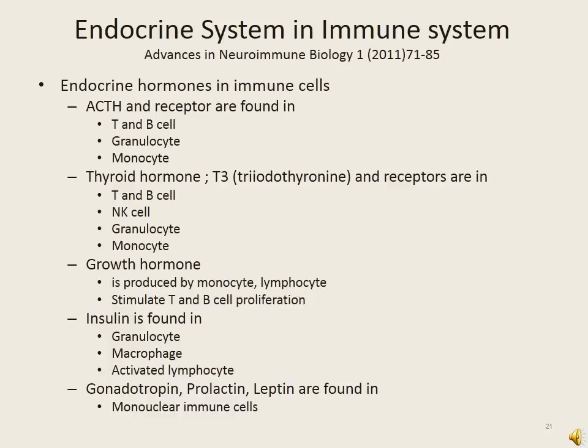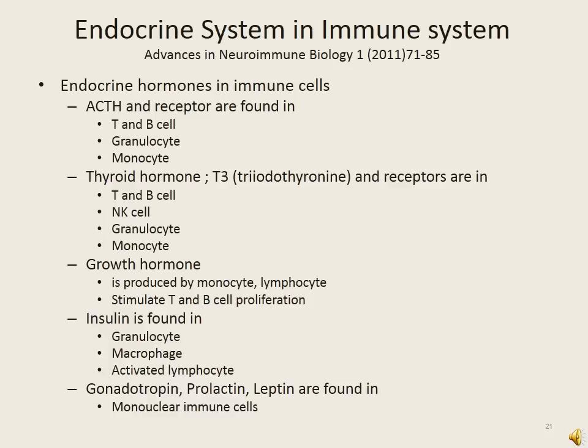The ACTH, and its receptor are found in the immune cell, both mononuclear cell and polymorphonuclear cell. That is, T cell, B cell, monocyte, as well as granulocyte are able to synthesize ACTH as well as express the receptor for this hormone.